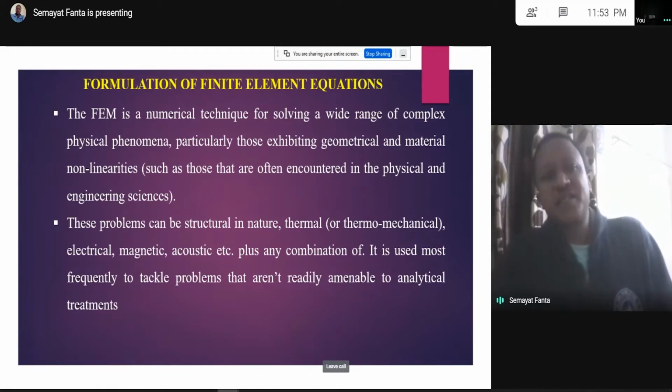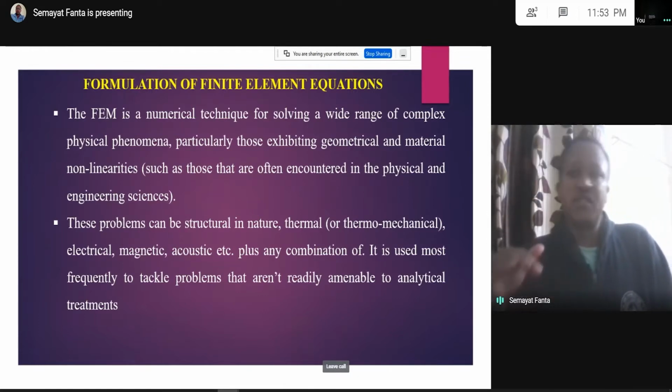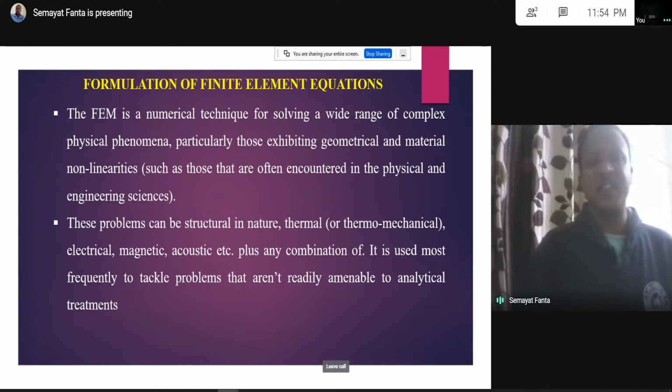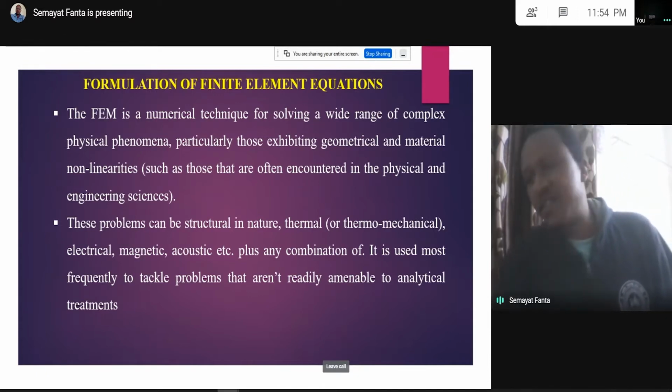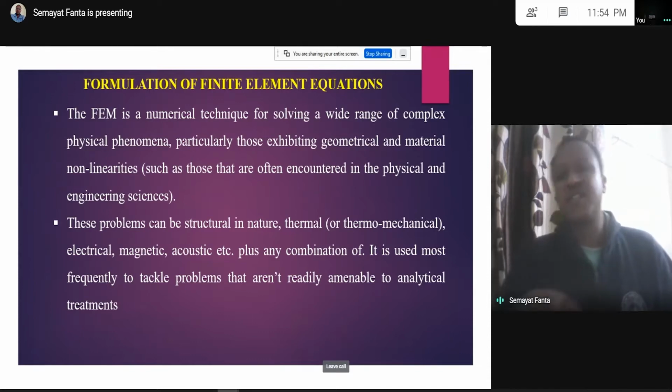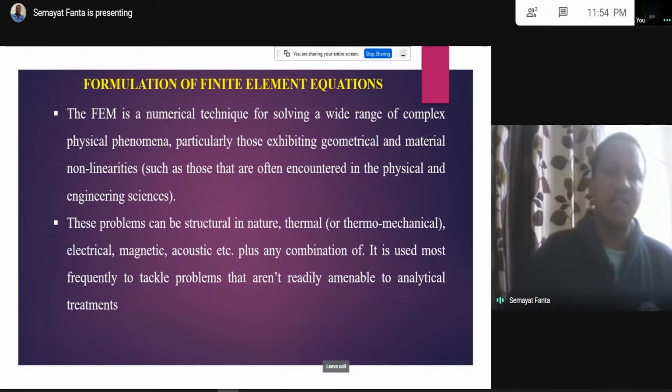The finite element method, as we know, we already discussed in previous lectures, is a numerical technique for solving a wide range of complex physical phenomena, particularly those exhibiting geometrical or material nonlinearity. Actually, the part of finite element which deals with geometrical and material nonlinearity is called nonlinear finite element. Such problems are often encountered in physical and engineering scenarios.